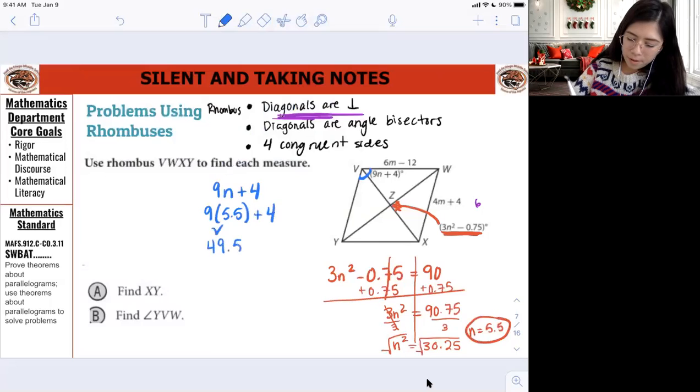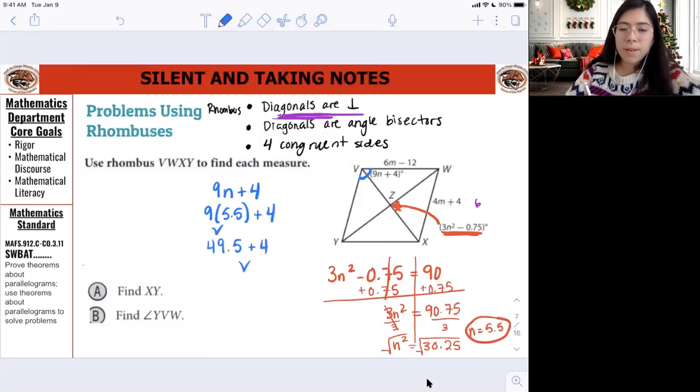$49.5 plus 4, 53.5. Is that my final answer? Make absolutely sure. What are we looking for? Multiply that by 2.